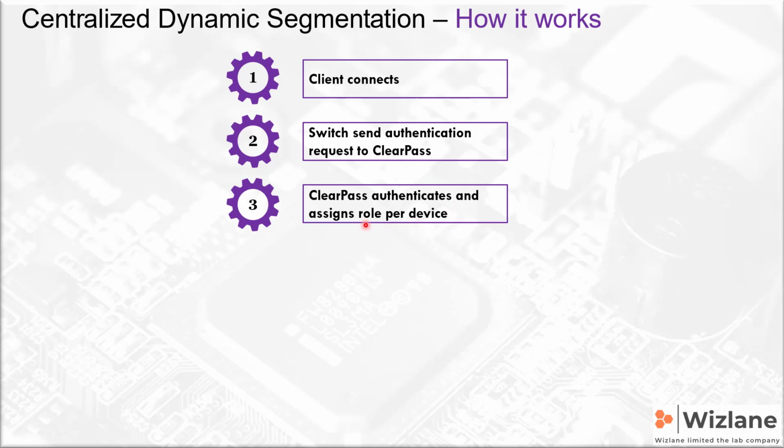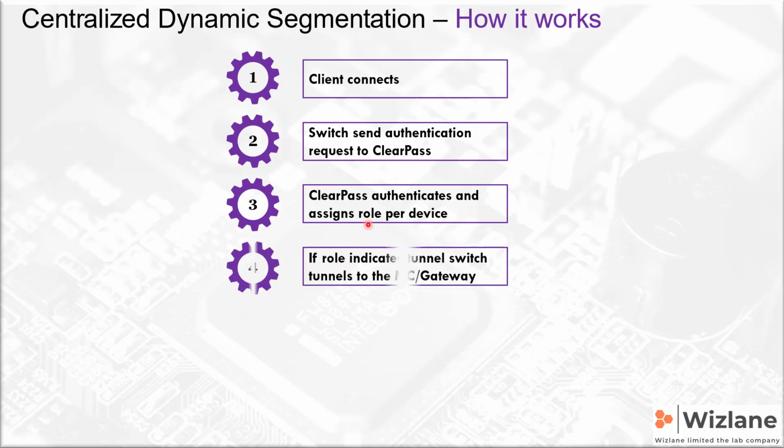Again, these are either a downloadable user role or a local user role. If the role indicates tunnel, depending on the role setup, either on the ClearPass in the case of a downloadable user role, or the role configured on the switch in the case of a local user role, it might indicate to go and form a tunnel.